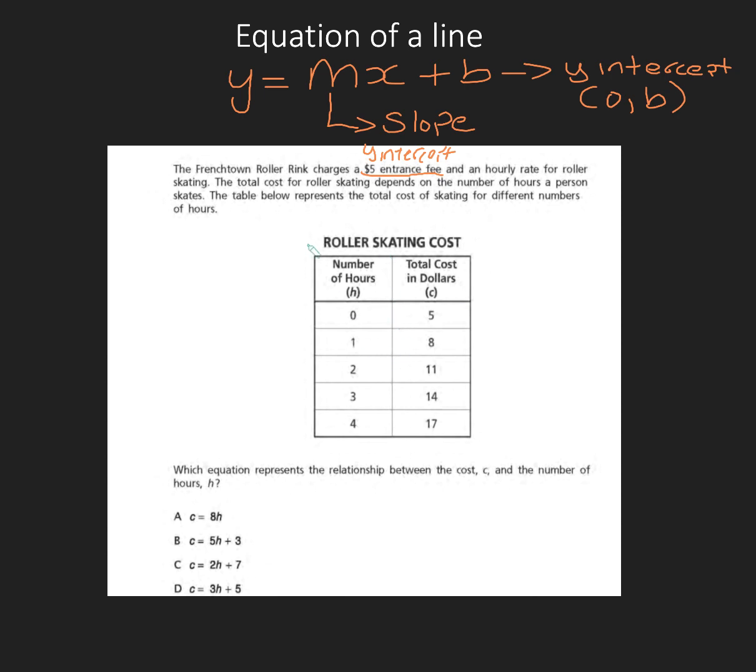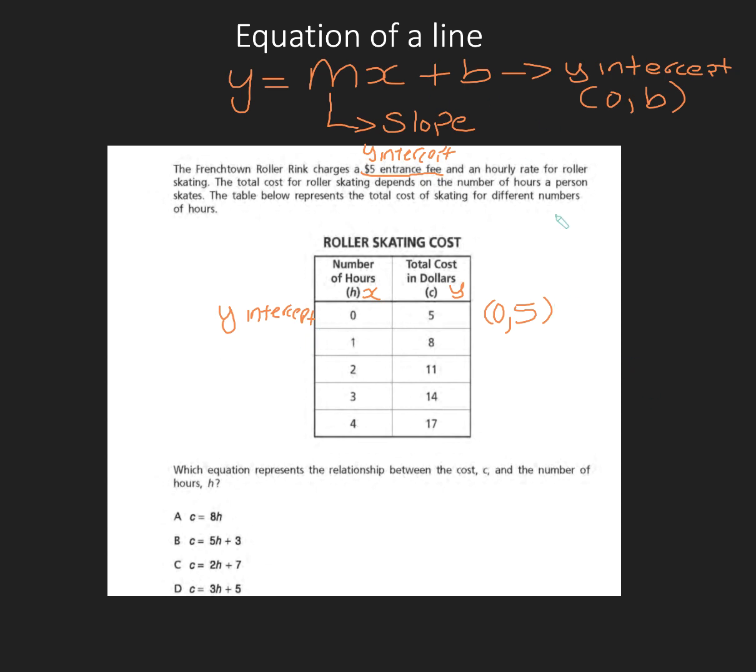In the table, you see the first column, which says number of hours. This is actually your x. And the total cost in dollars represents your y values. Remember, your y-intercept is (0, b). If we write this as a point, this is (0, 5). So right here, this is my y-intercept within my table.